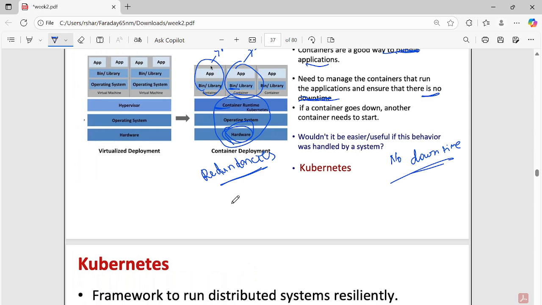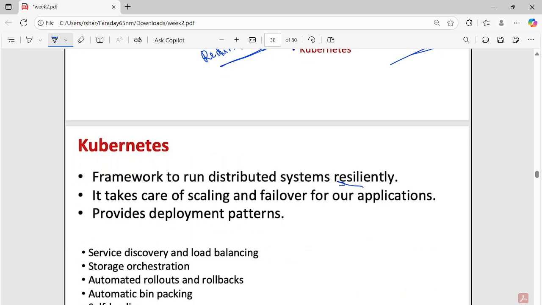Kubernetes is a framework to run distributed systems resiliently. What we are trying to come up with is a system, a distributed system with a lot of compute elements, say GPU, CPU, and memory, which is going to run resiliently.